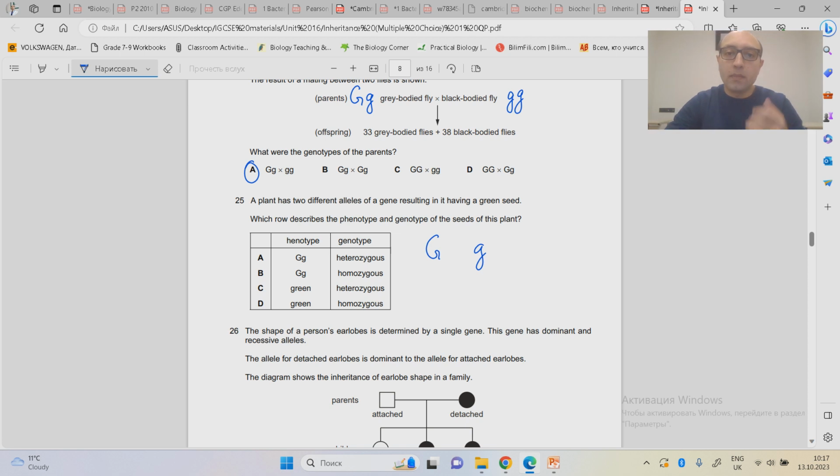So if they combine and make capital G, small g, and create a green seed, so in here we must understand that green color is the dominant feature. Green is dominant. So the phenotype is observable. So you can choose A or B. The answer is C or D because they are asking about phenotype, guys. This is the phenotype actually. But the genotype in here, as you see, is heterozygous. It's C.